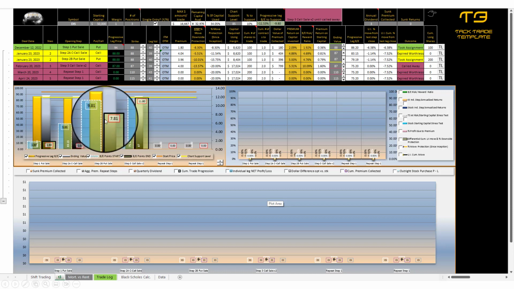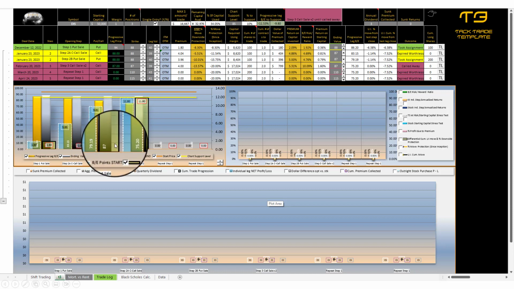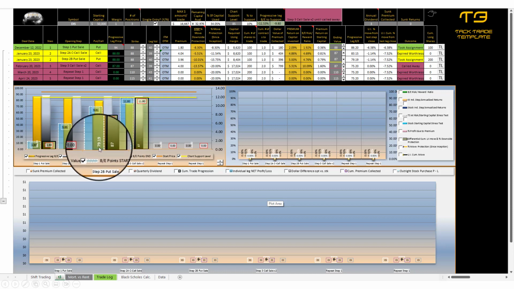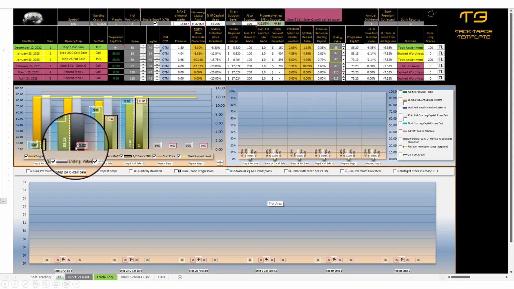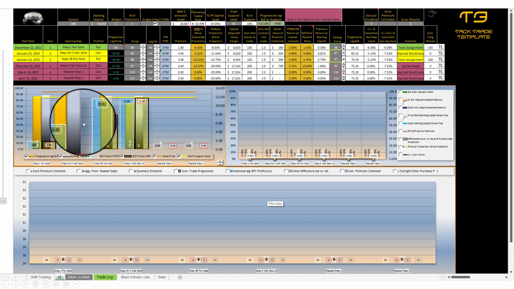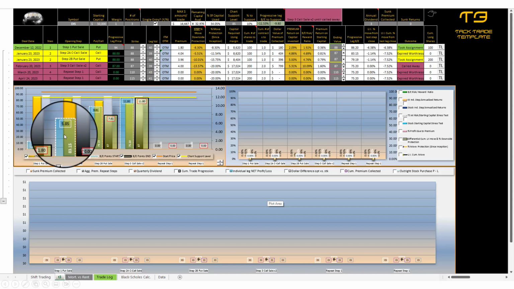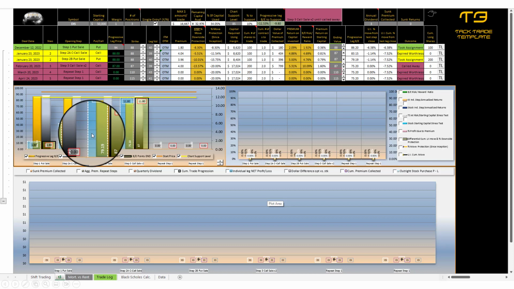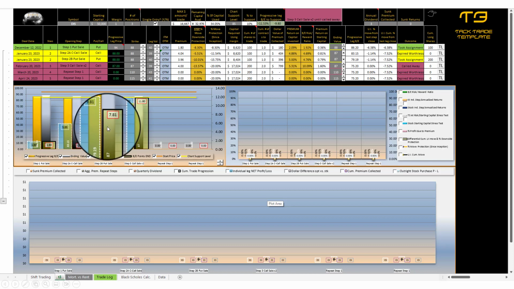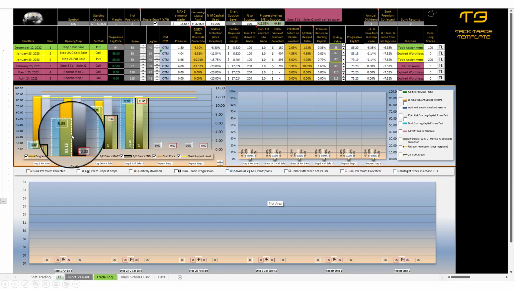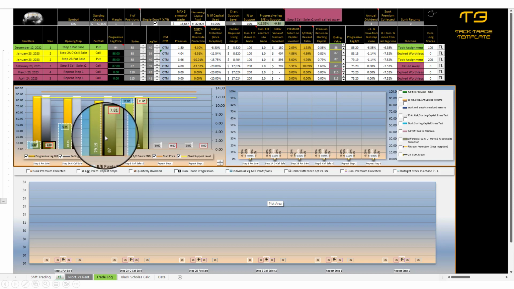Take a look at how the position ends, which is in black, at the end of step 2. This is technically step 2B. We do not show an ending value at the end of step 2A because step 2 is a two-part step. So we sell the premium for the call side, we sell the premium for the put side, and then we have a single close for both step 2A and 2B.